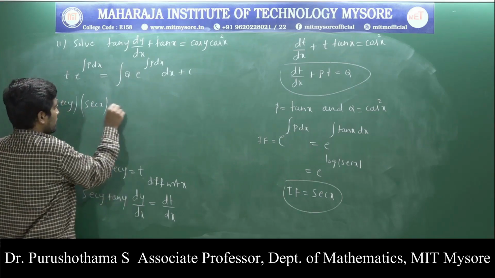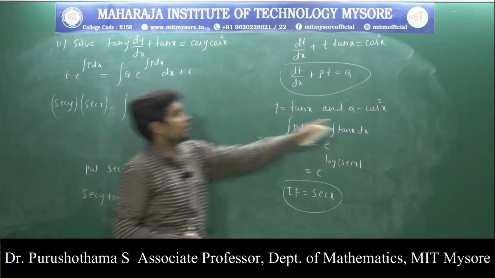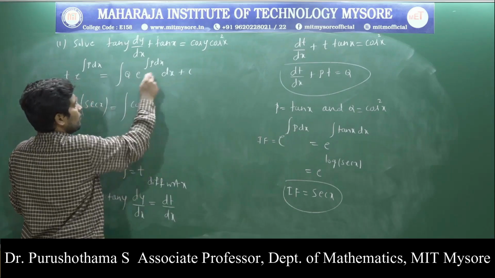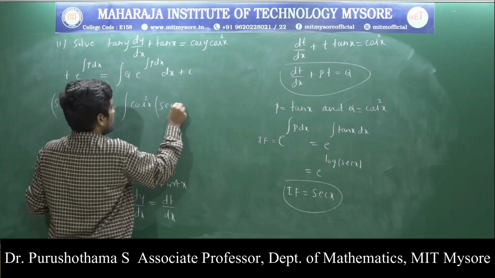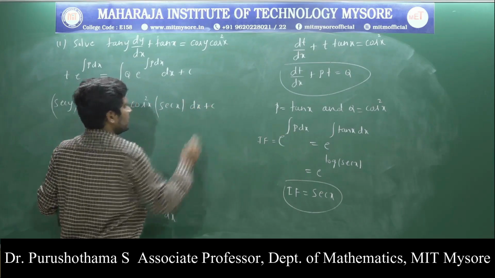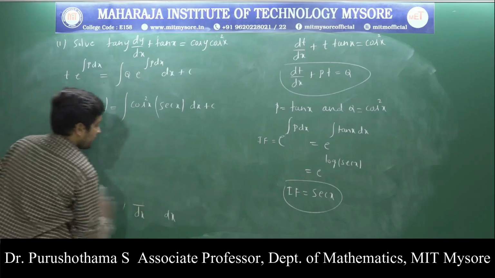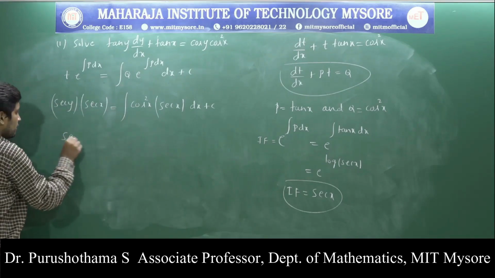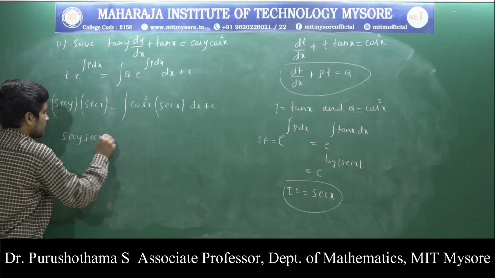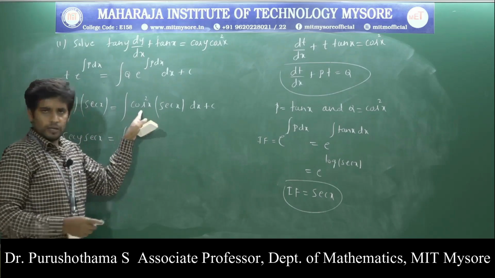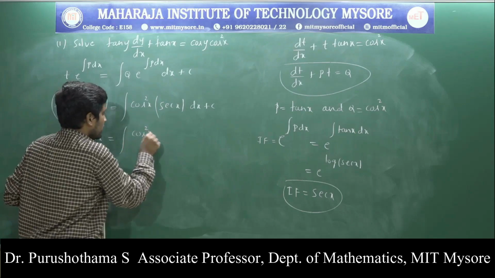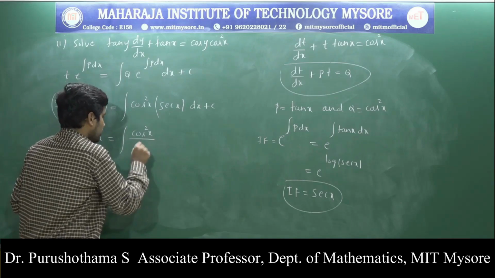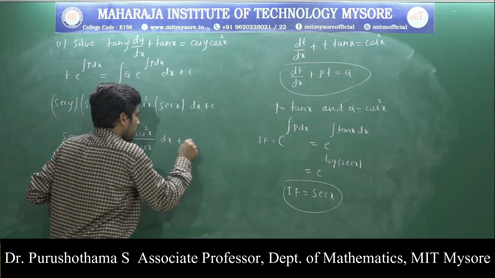On the right side, q is cos square x into the integrating factor secant x with respect to x plus c. On the left side, secant y into secant x is equal to the integral of cos square x into secant, which is 1 by cos, so cos x, with respect to x plus c.